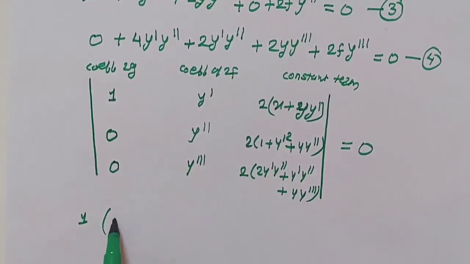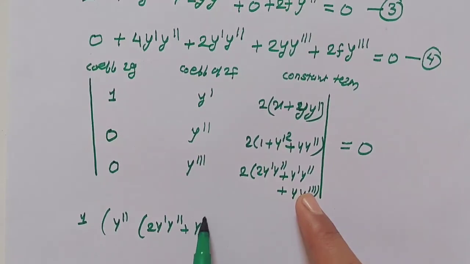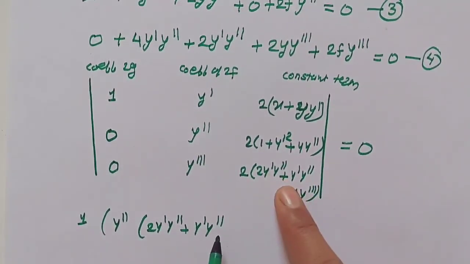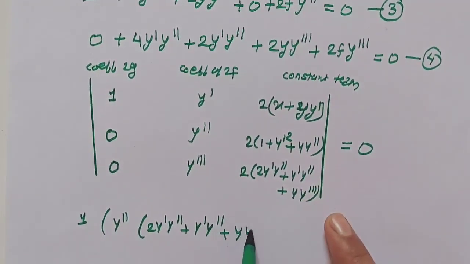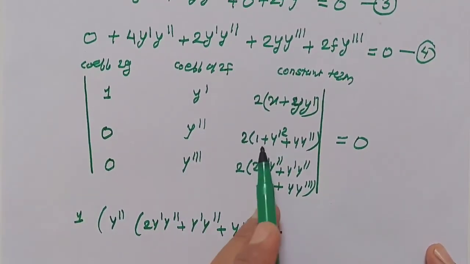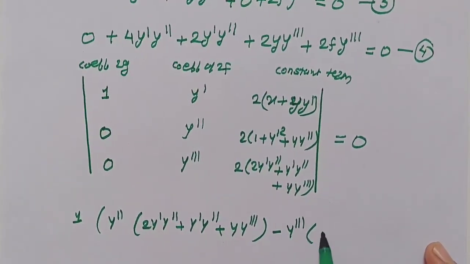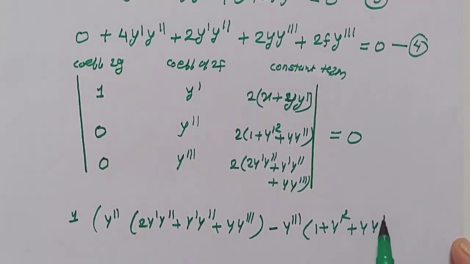Then it is y'' in bracket (2y' y'' + y' y''), which is actually 3y' y''. Then next is y''', this one. Now minus the product of these two terms, so it is y''' in bracket (1 + y' squared + y y'').